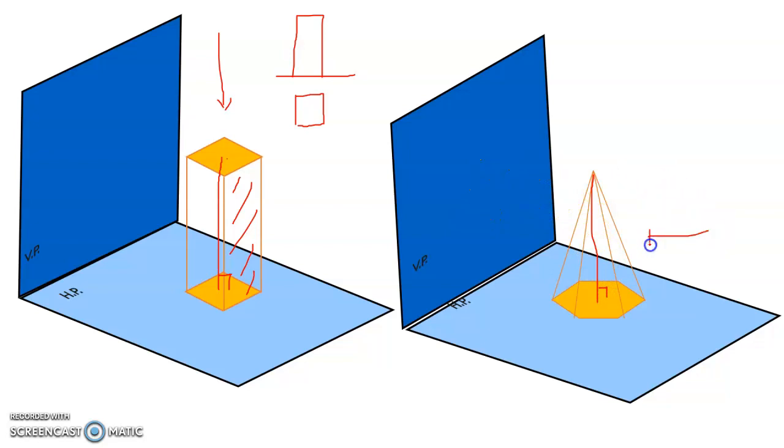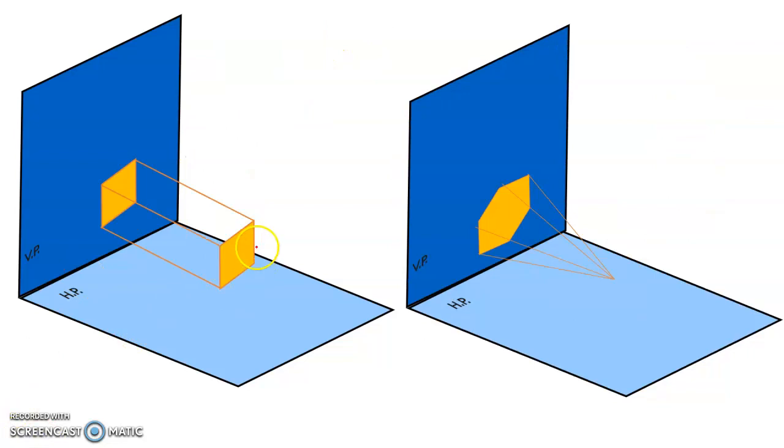So in your front view you can see the triangular part, and in the top view you will see a hexagon. So in your top view you will draw a hexagon, and then you will draw a triangle in your front view. Now the axis is perpendicular to VP and parallel to HP.